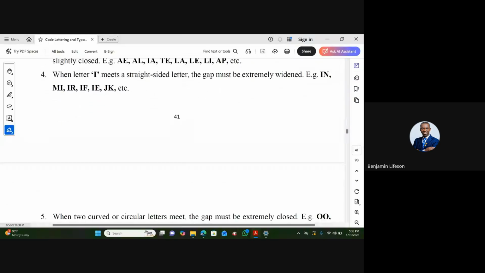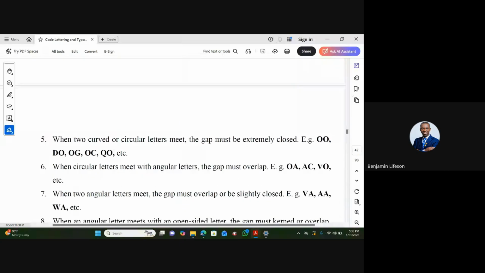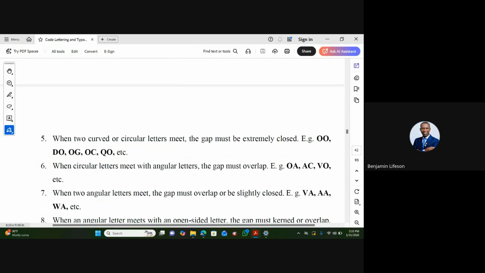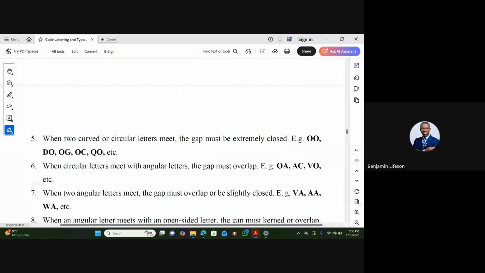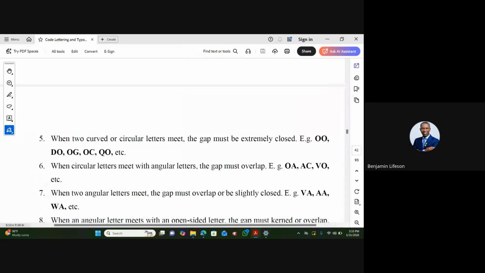Then principle 5. When two curved or circular letters meet, the gap must be extremely close, like O and O.